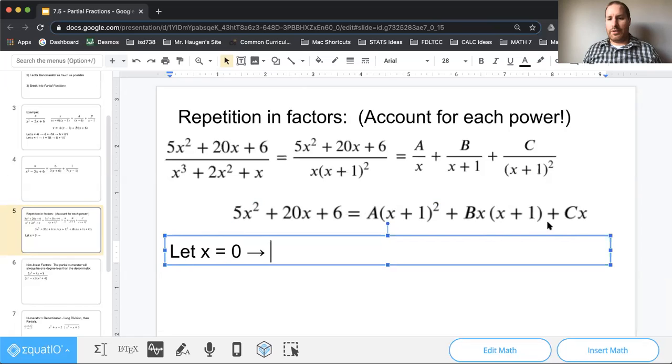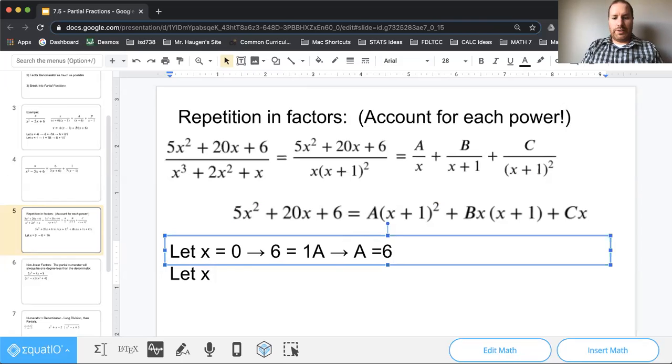The b section disappears, the c section disappears, and the a section is left with 0 plus 1, so 1a. So 6 is equal to 1a, and that is pretty easy. A is equal to 6.